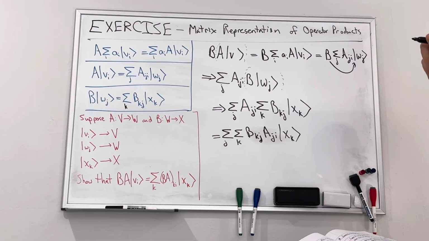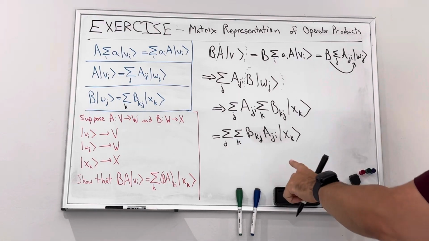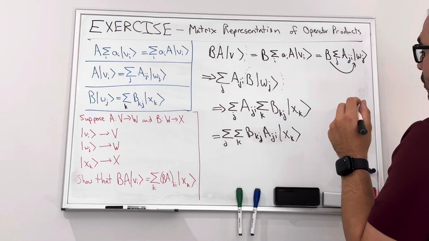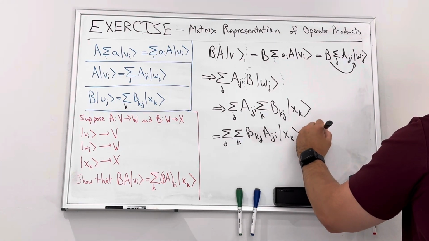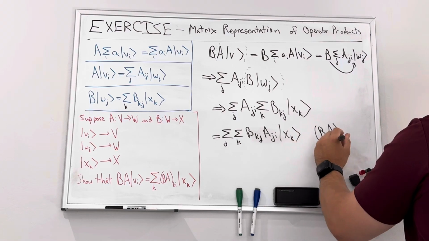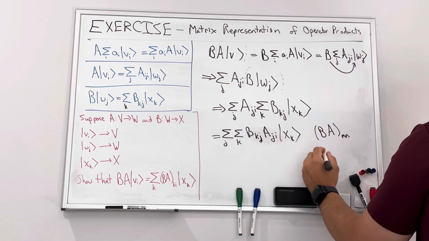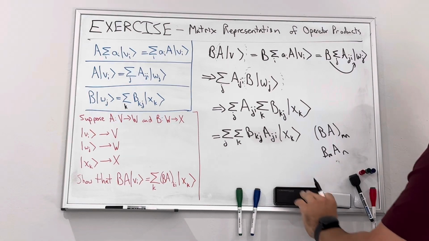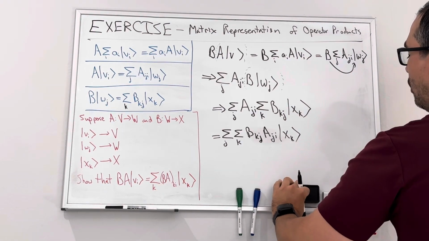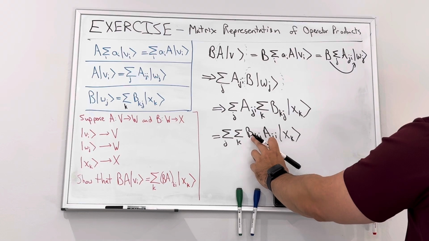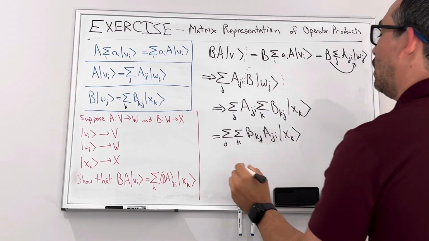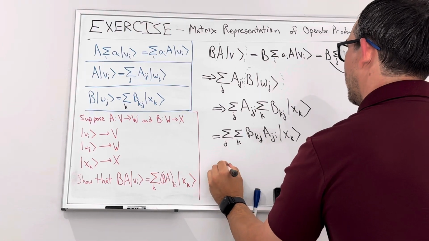And so if I just go ahead and take the sum, I see I have a J here and a J here. Also, let's take the notation (BA)_MN to mean something like B_M and A_N, something like that. Because there is a J term for both of these, I'm just going to clean this up a little bit more and get rid of this J subscript.